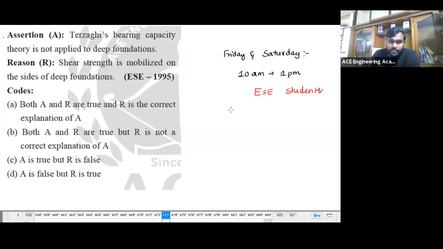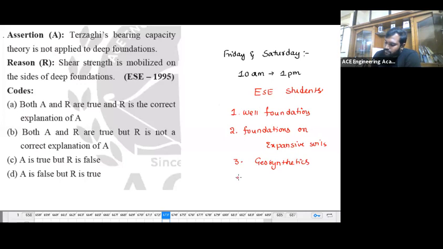Whatever the extra syllabus is, which is well foundations, foundations on expansive soils, geosynthetics, and sheet piles, I will discuss on Friday and Saturday.